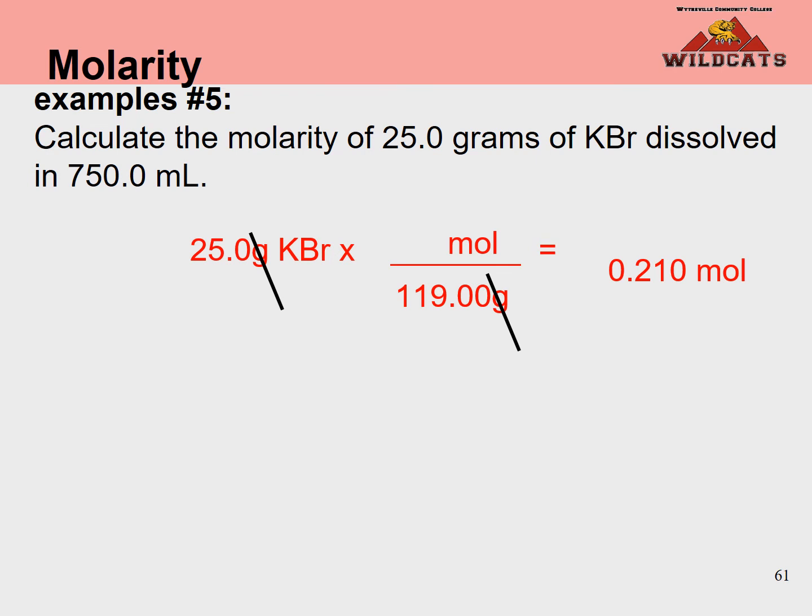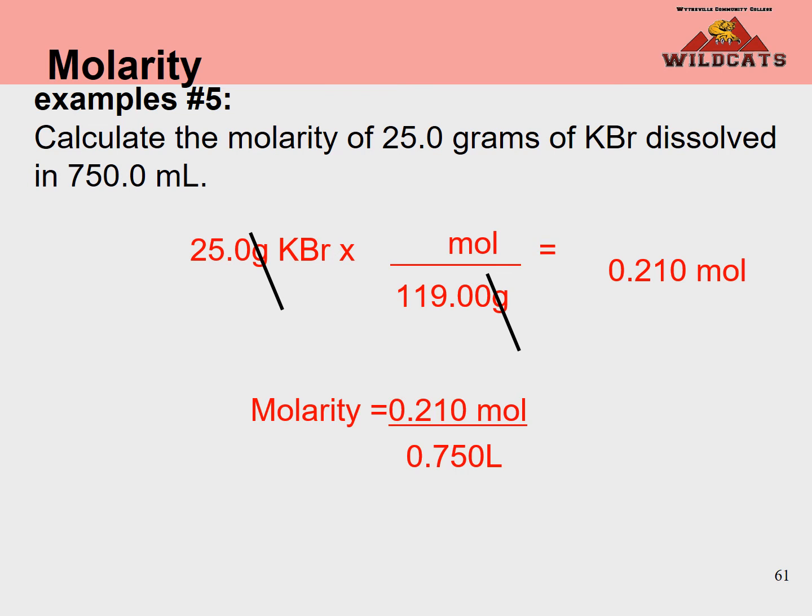But remember, molarity is moles per liter, and I'm given 750 milliliters. So I'm going to move the decimal point 3 places to the left, or I'm going to divide milliliters by 1,000, because there's 1,000 milliliters in a liter.